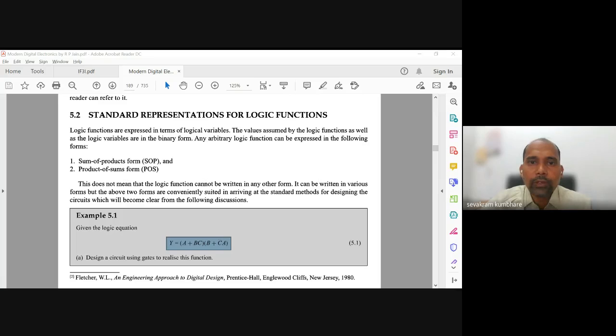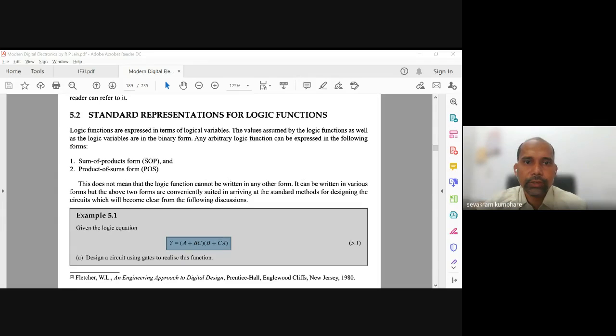So first you take product and then sum, and the inverse of that happens here. Here you have to take first sum and then you have to take product of that.